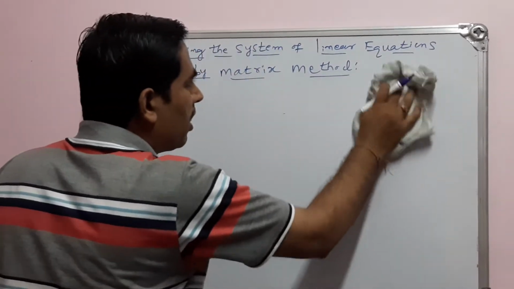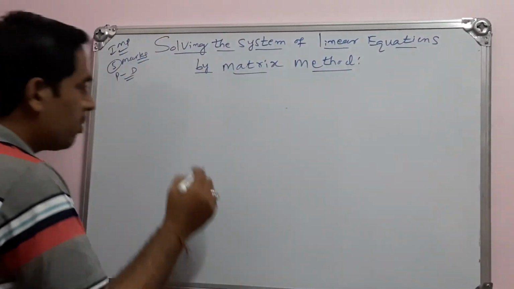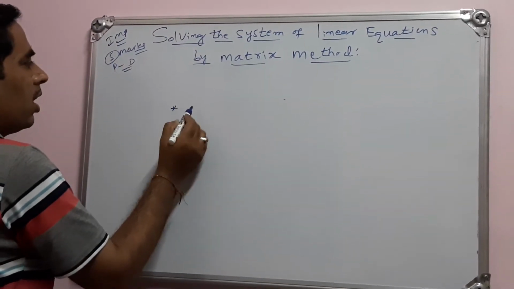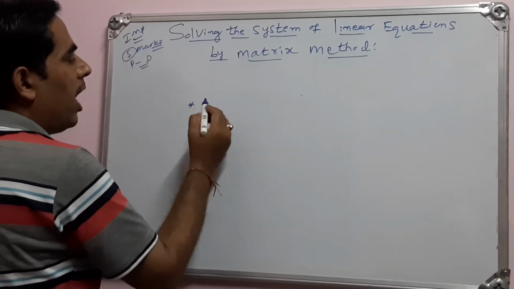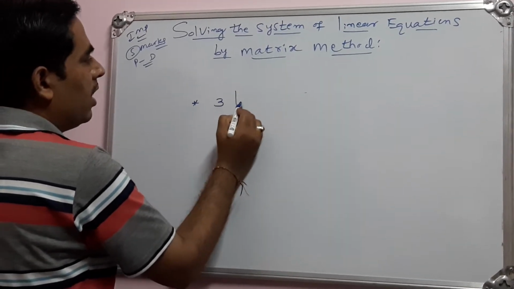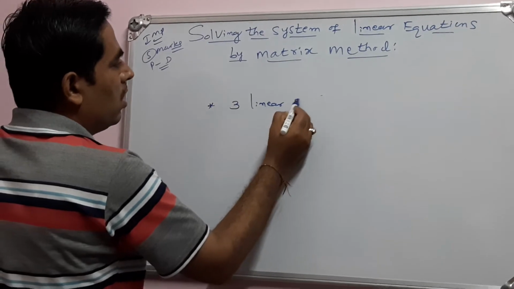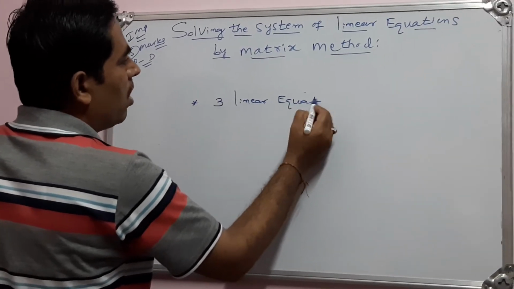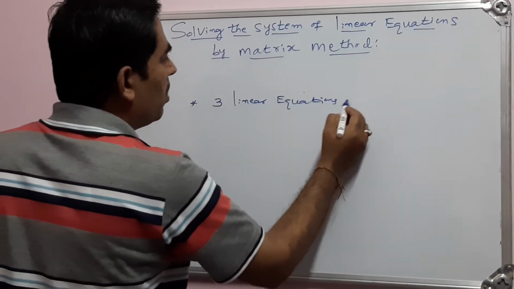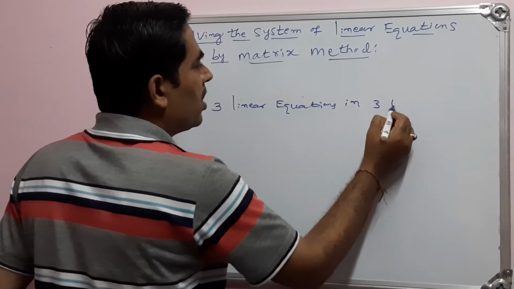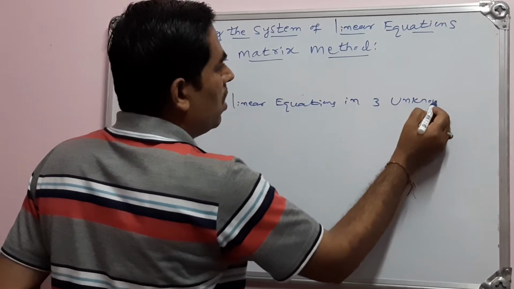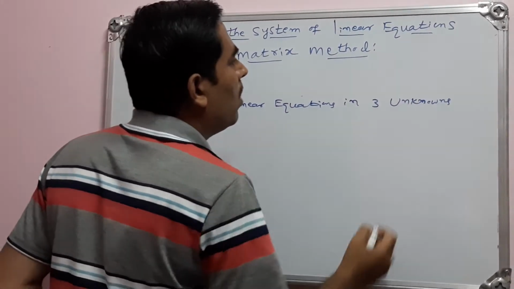Here certain things we have to remember. 3 linear equations will be given, 3 linear equations in 3 unknowns.